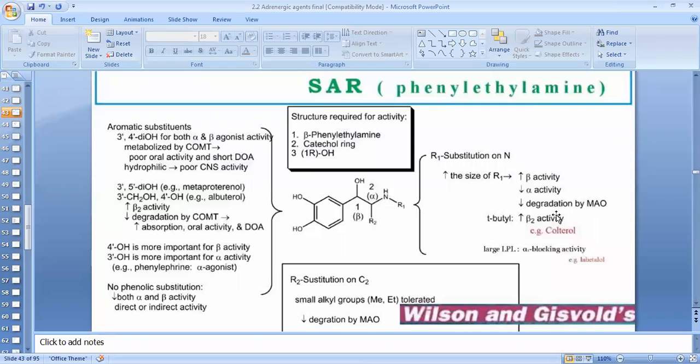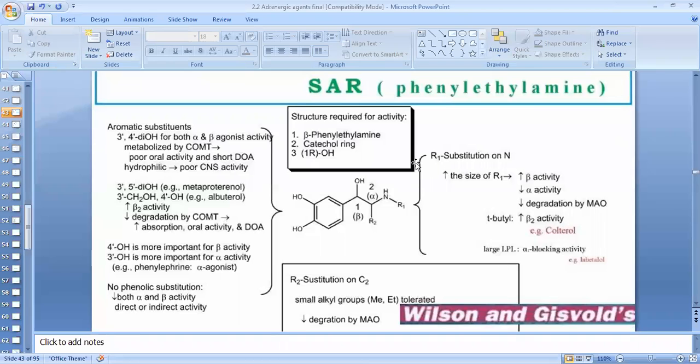See here they have specified what type of activity will be increased if we substitute this R1 with a tertiary butyl functional group. And if we substitute this R1 with a tertiary butyl group, then the name of the drug is colterol. So this colterol will have a specifically increased activity on beta 2 receptor.